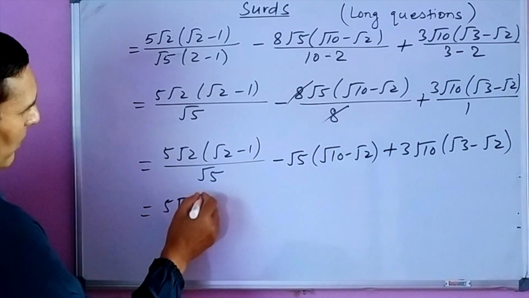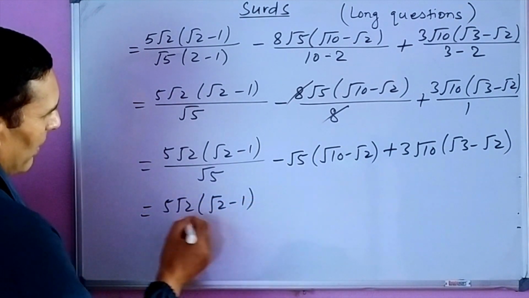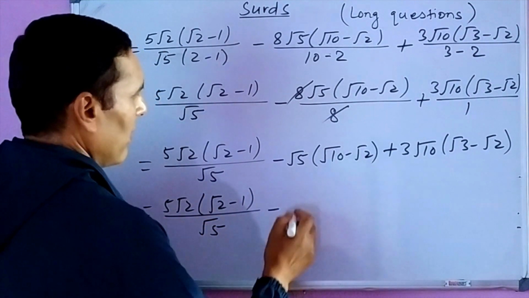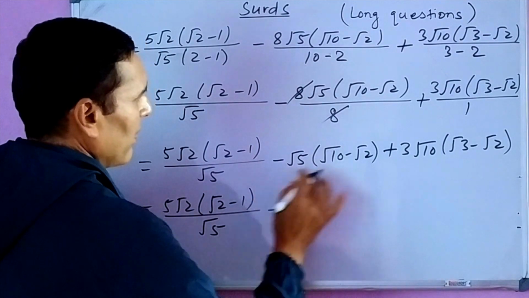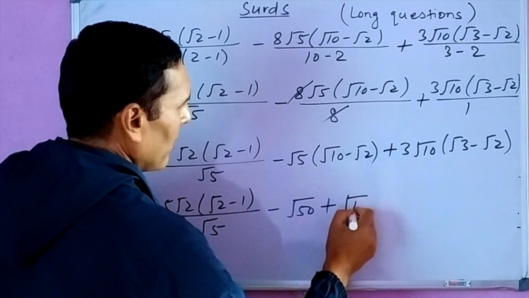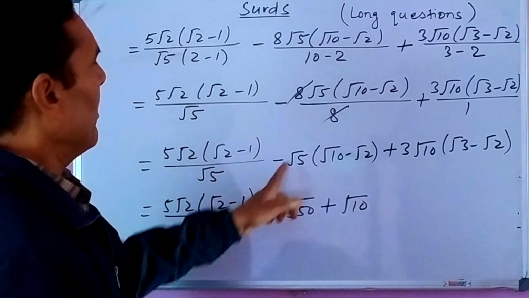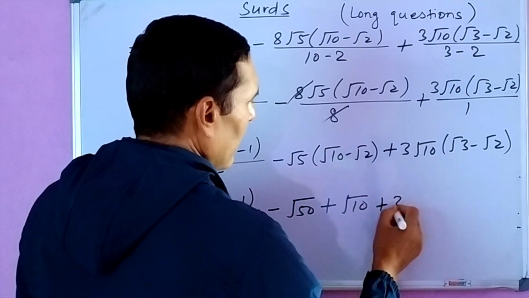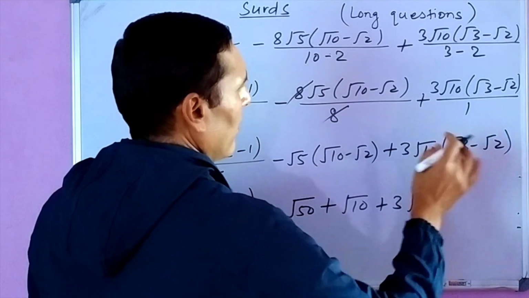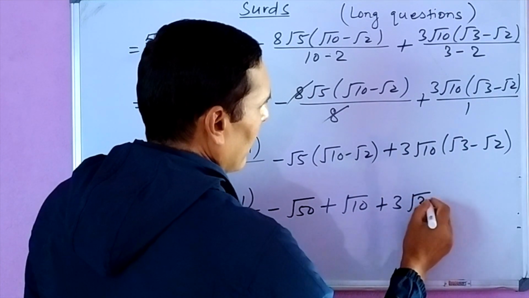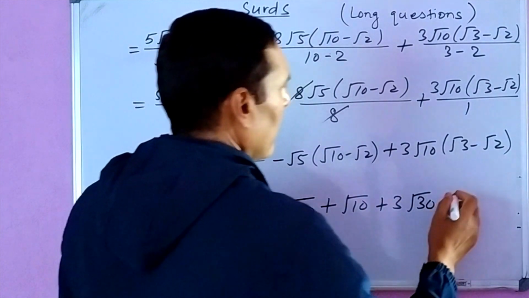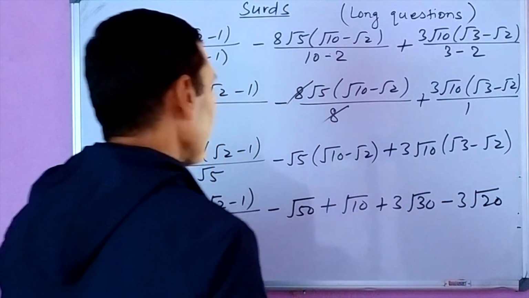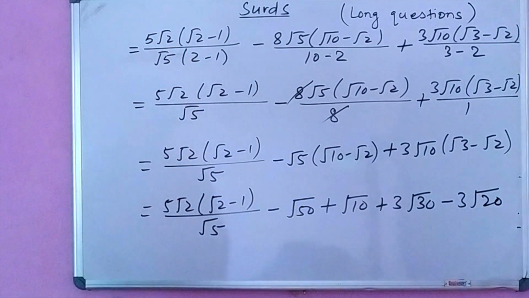So (5√2 − 1)/√5 minus, open the bracket, √50 minus √10, plus 3√30 minus 3√20. 5 into 10 is 50, 5 into 2 is 10, and here 3 into 10 is 30, 3 into 2 is 20.